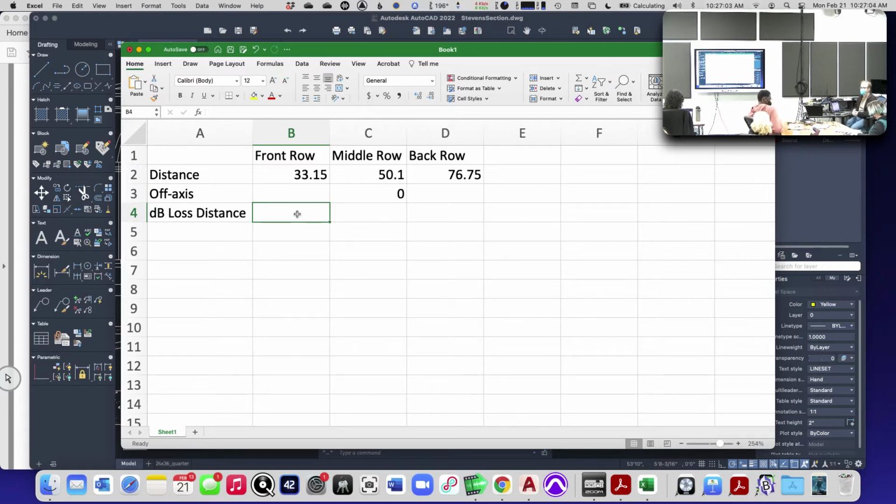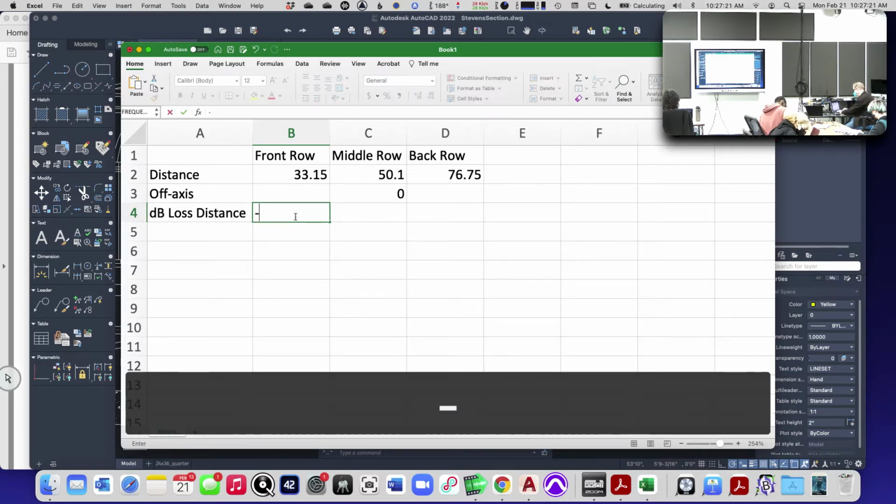Somebody do that. 3 people do that. It's not right until 3 people get the same answer. 20 times the log of 33.15 divided by 50.1. Negative 3.59.